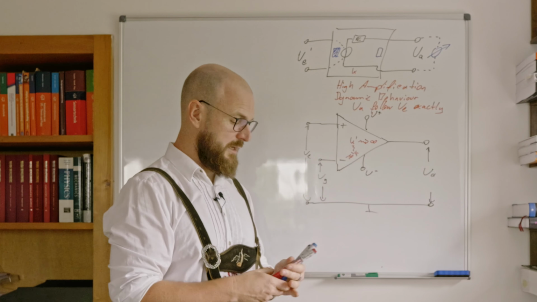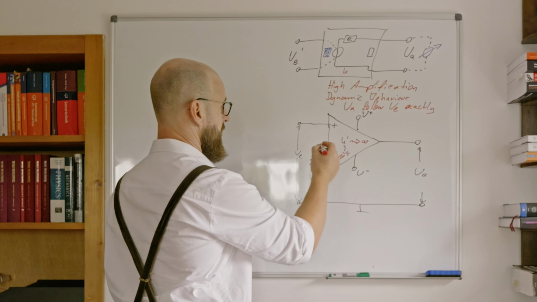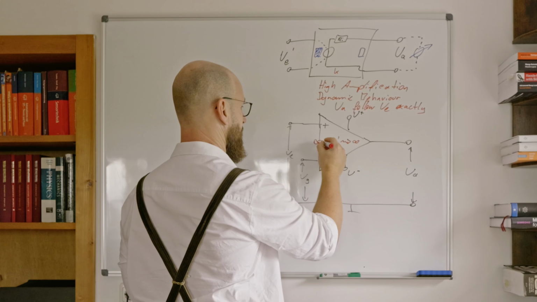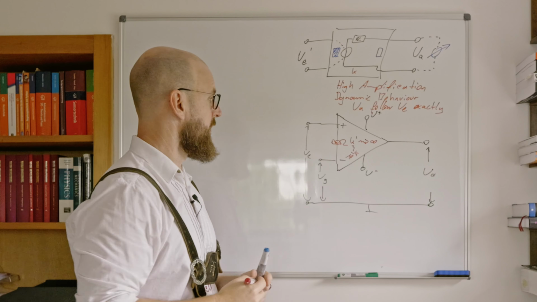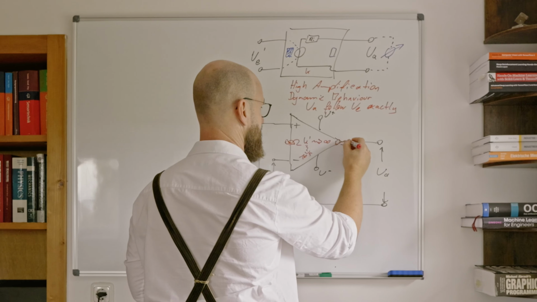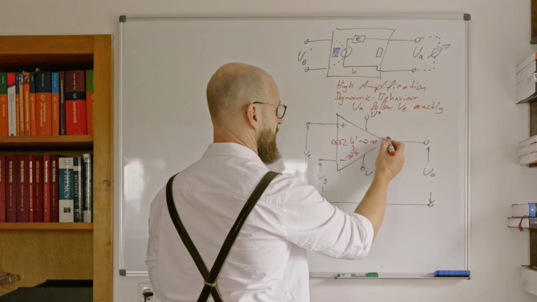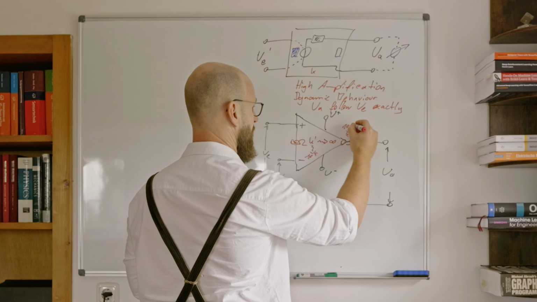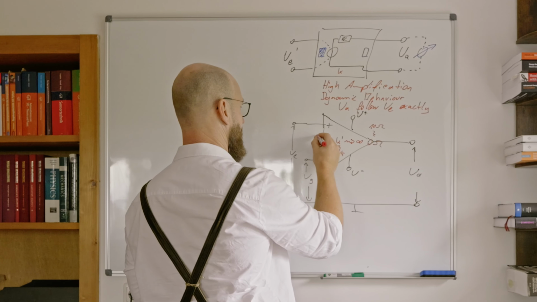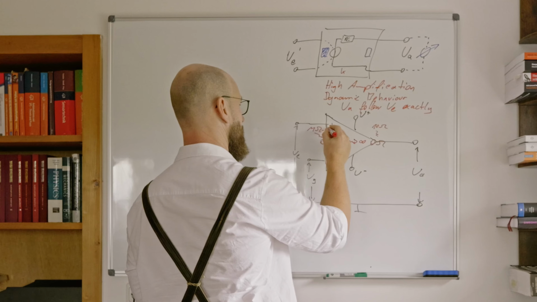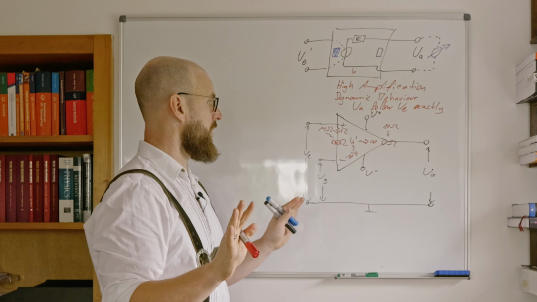That's one thing. Then the other thing, which is assumed for an ideal operational amplifier, is that we have an input resistance which is infinite, and an output resistance which is 0. For real operational amplifiers, those tend to be a couple of ohms at the output and a couple of megaohms to gigaohms, or even more, at the input.